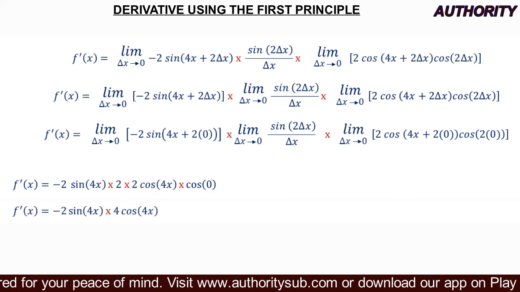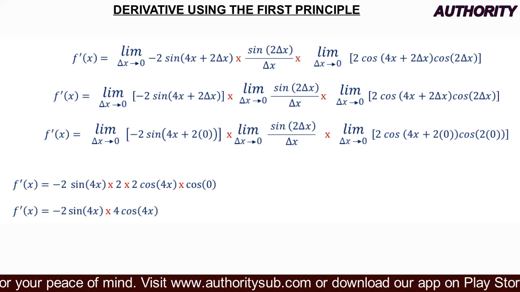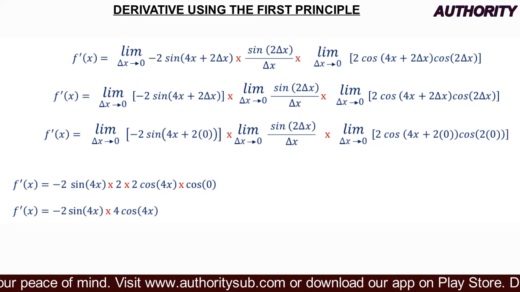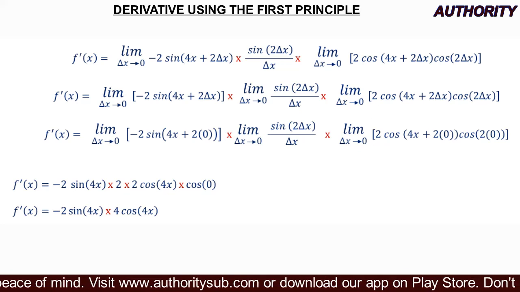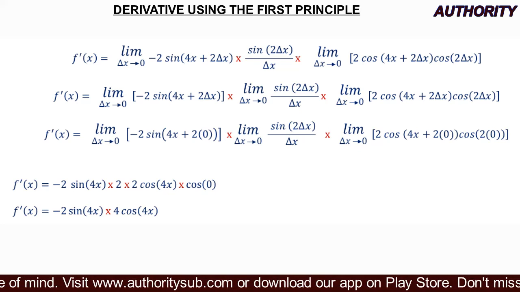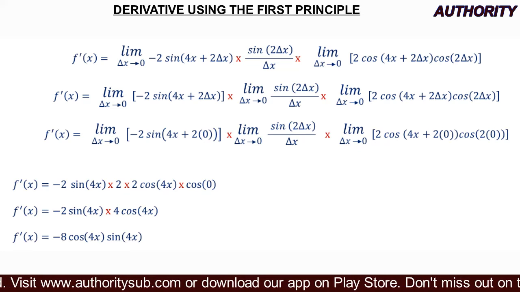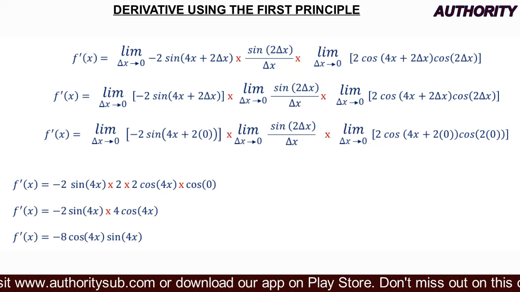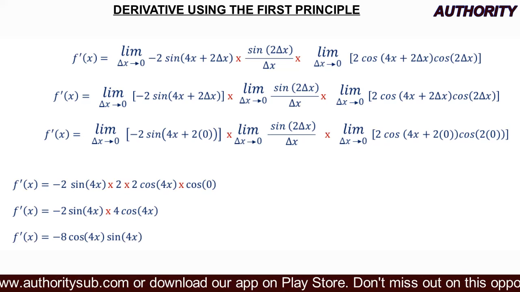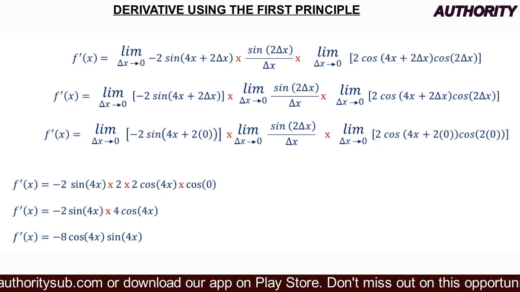So therefore we have f prime of x is equal to minus 2 sin 4x. Here we have 2 times 2, we have 4. Then we have 4 cos 4x. Here we have minus 2 times 4, which is going to give you minus 8. So therefore, f prime of x is equal to minus 8 sin 4x cos 4x. All right?